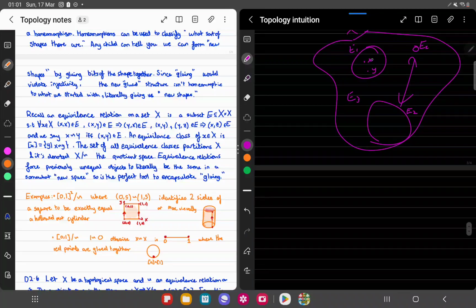And if you're equal to one another, you can't be... Things in your equivalence class can only be equal to you, so everything outside has to not be equal to you. You know what I mean?